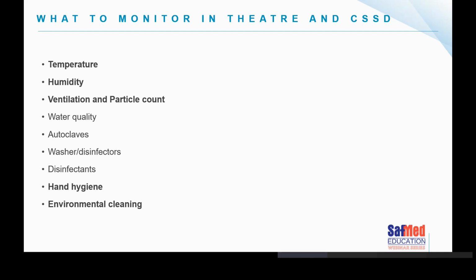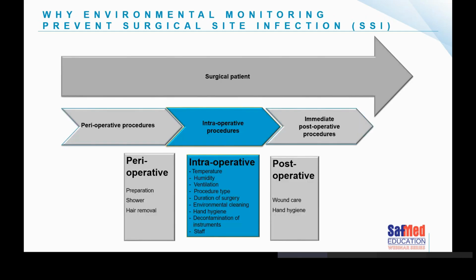So if we look specifically at the prevention of surgical site infections and what impact the environment has on the development of surgical site infections, we see that there are a number of opportunities where infection can be acquired. First of all, during the perioperative phase, and usually that is where we will specifically look at the adherence to the surgical site bundle and the preparation of the patient, whether he or she took a preoperative shower with chlorhexidine, the way that the hair is removed if it is necessary, clipping versus shaving, and as you all know, we recommend that no shaving should take place and preferably no hair removal.